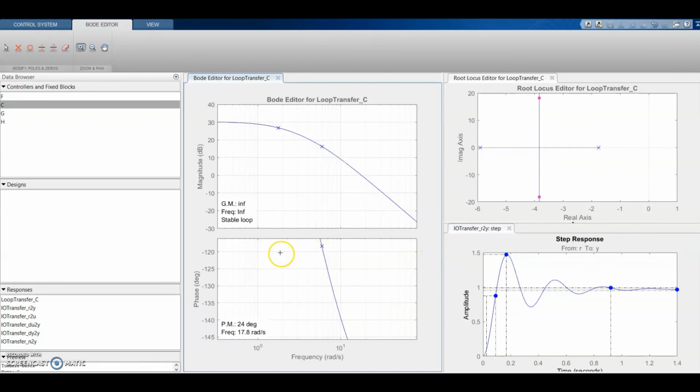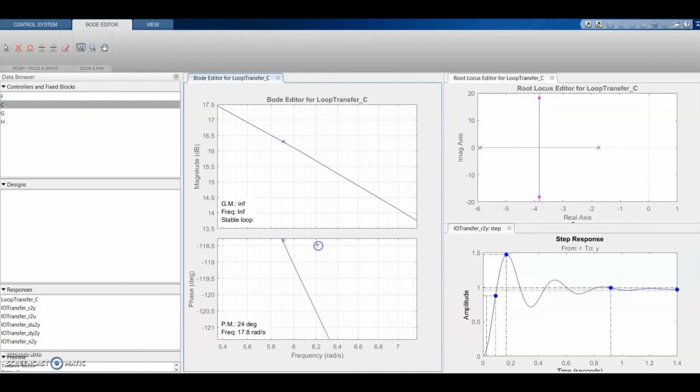As you can see, 20 is here. So this point we should note. What is this point? So I am zooming in further. This point is around 6.16, and at 6.16 our gain is around 15.7.